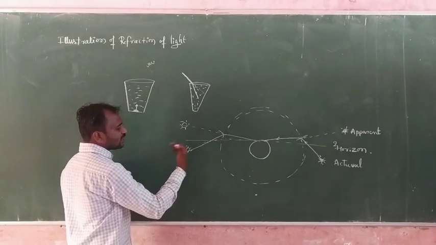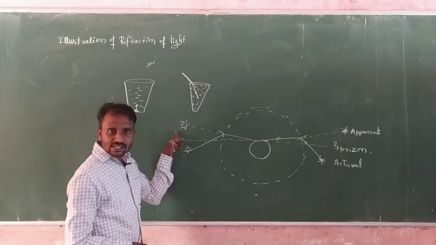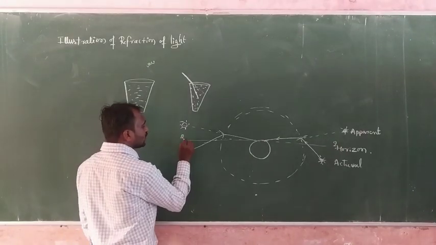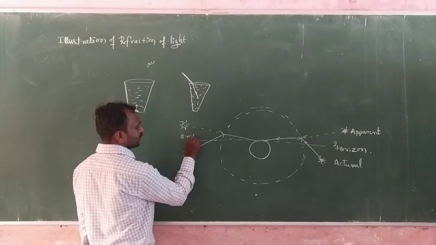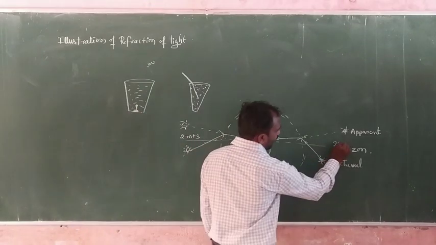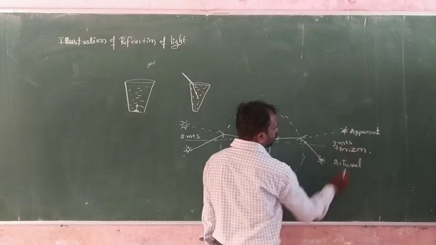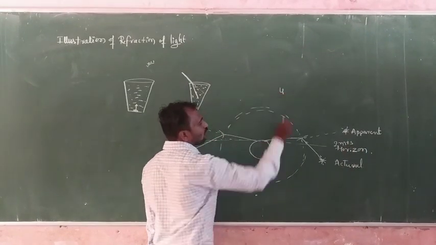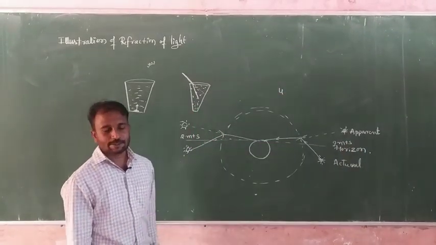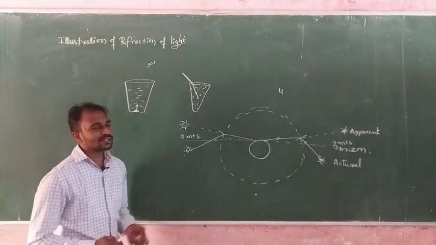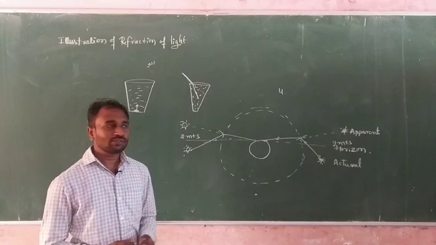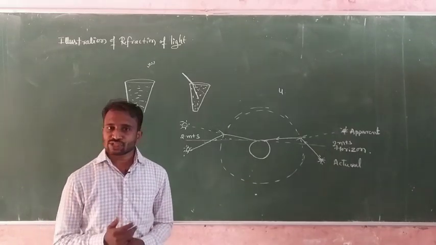It means after sunset also we can see the sun, about 2 minutes after sunset. So 2 minutes here and 2 minutes here. It means a total of 4 minutes of daytime is increased because of refraction. Okay, so these 3 we consider the best examples illustrating refraction.